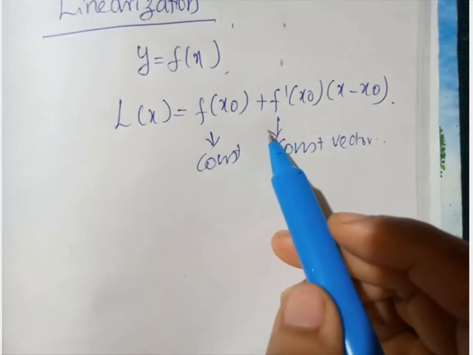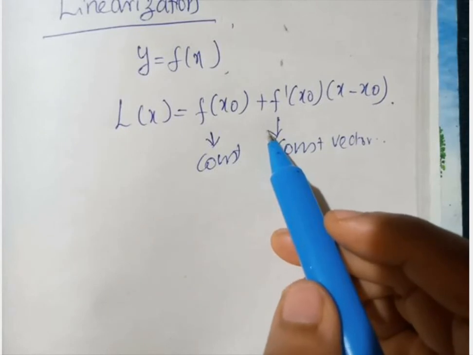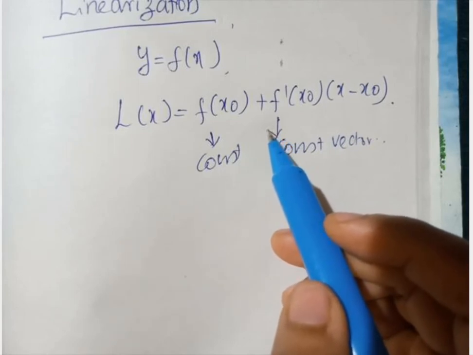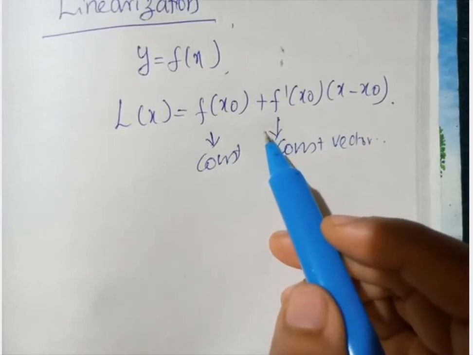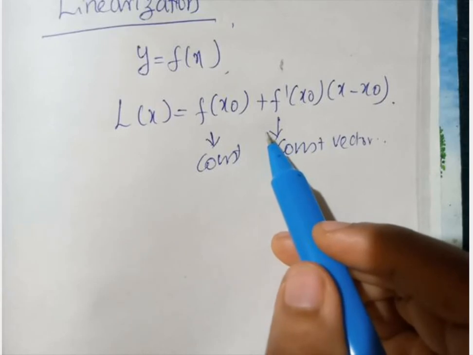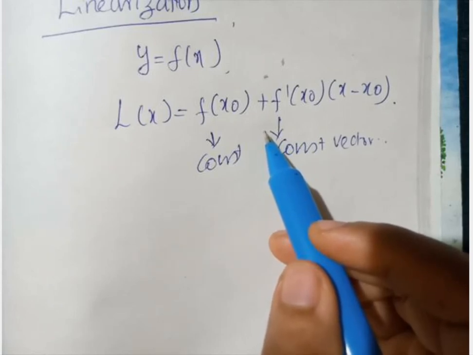What is the meaning of linear? Linear means all the coordinates are just multiplied by a constant. A function is linear means all the coordinates are just multiplied by a constant.